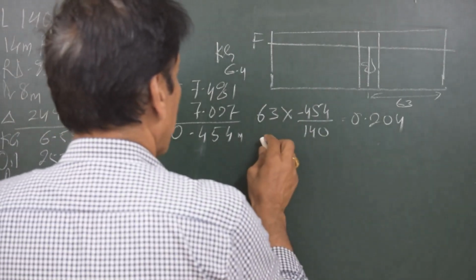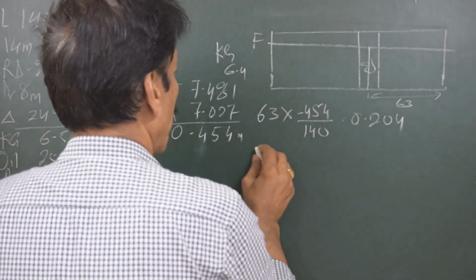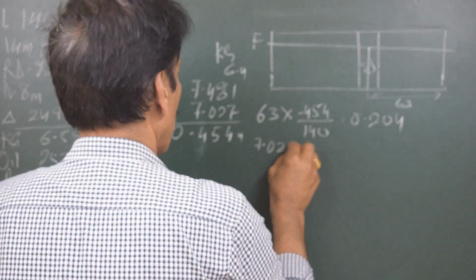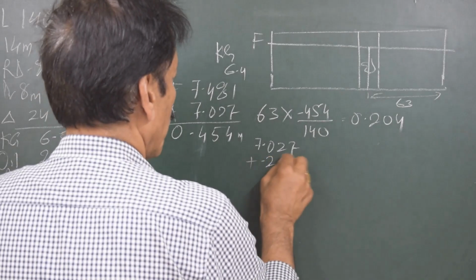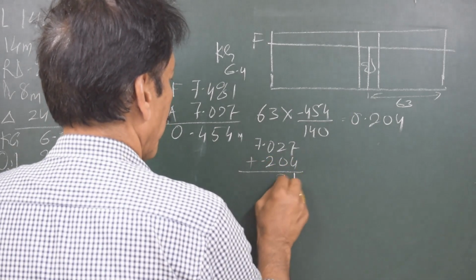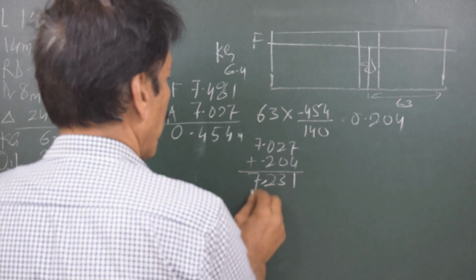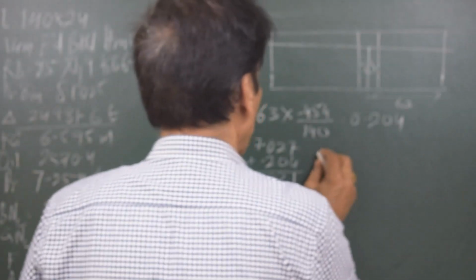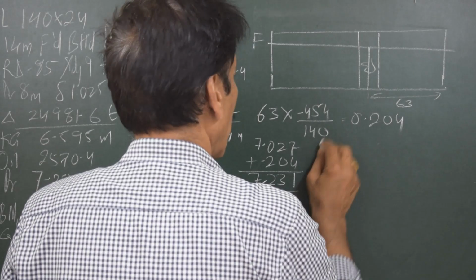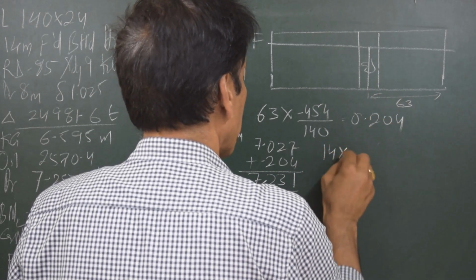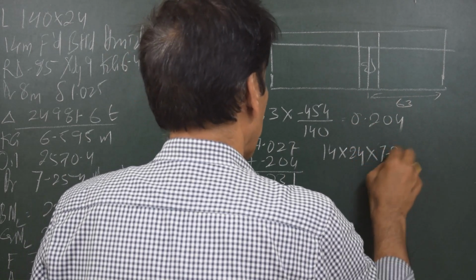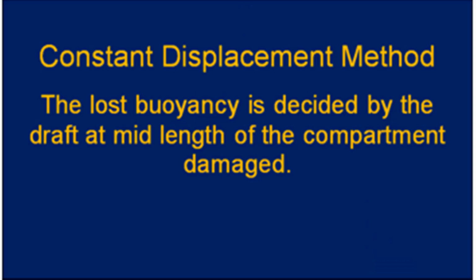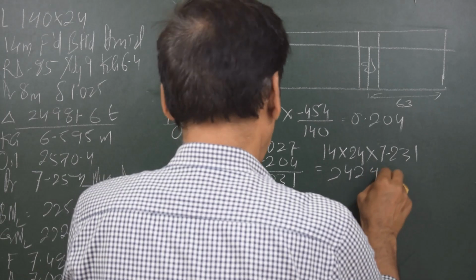So the draft at this point is going to be 7.027, that is the aft draft, plus 0.204, that is 7.231. So the lost buoyancy is going to be the length of the compartment, that is 14 meters, breadth of the compartment, that is 24 meters, multiplied by 7.231.